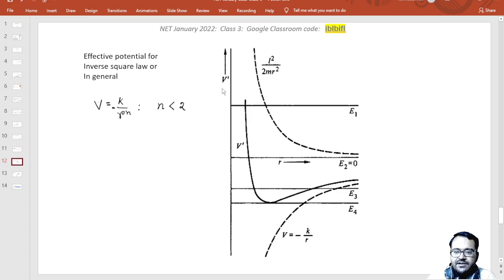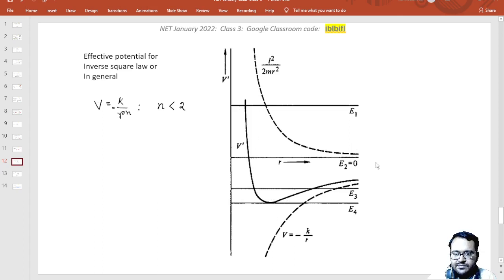Most of the potentials we deal with in our physical world are like this. There are some potentials opposite to this, which we will discuss. This is generally a Coulomb potential, a nuclear force potential, an intergalactic potential, a gravitational potential. Every effective potential of this type which our universe is bound by is like this.